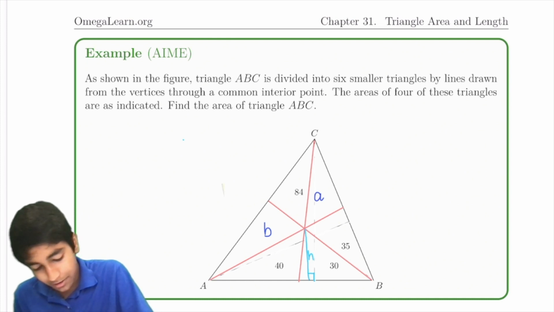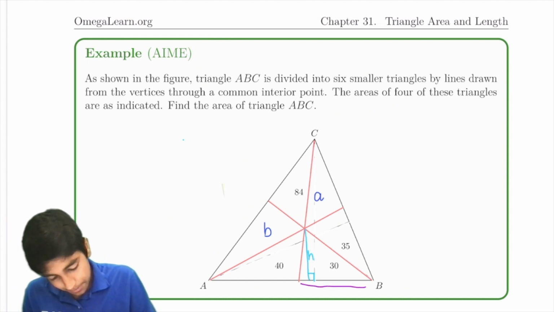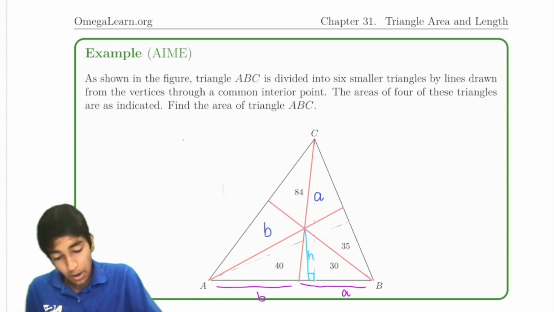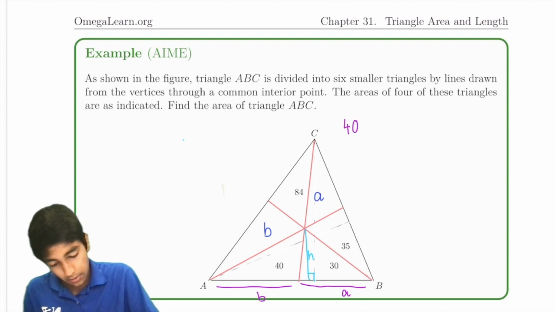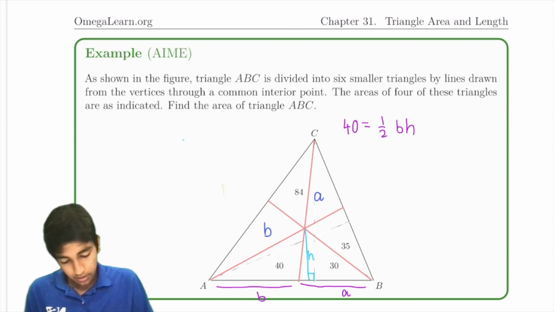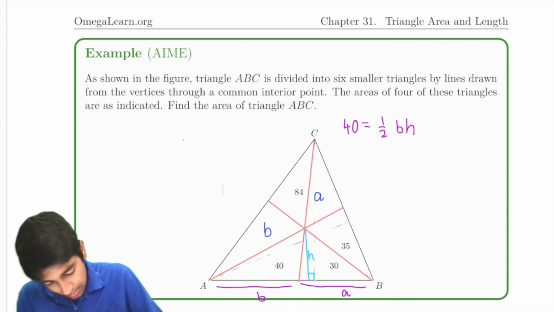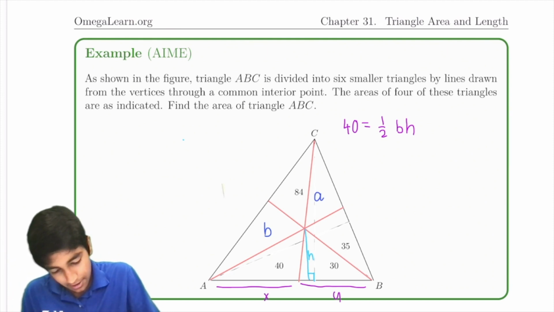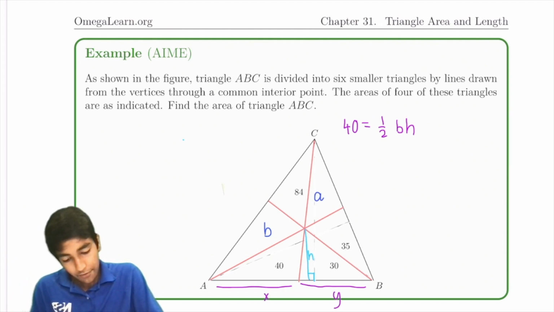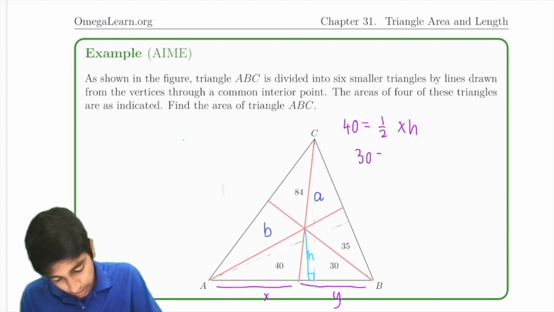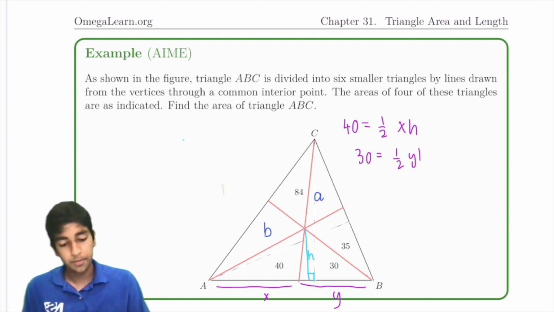So what's cool is now, let's say this is A and this is B. Well, now we know that 40 is equal to half BH. Or let's just call it X and Y instead, because we already used A and B. So 40 equals half XH, right? And 30 is half YH.